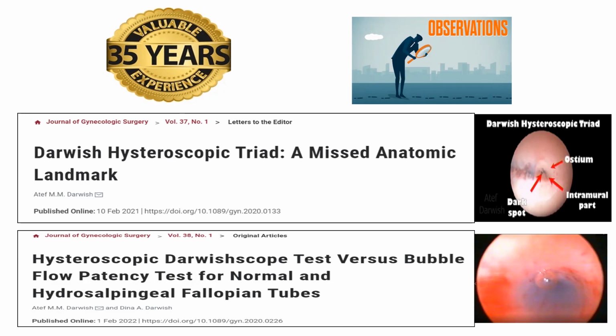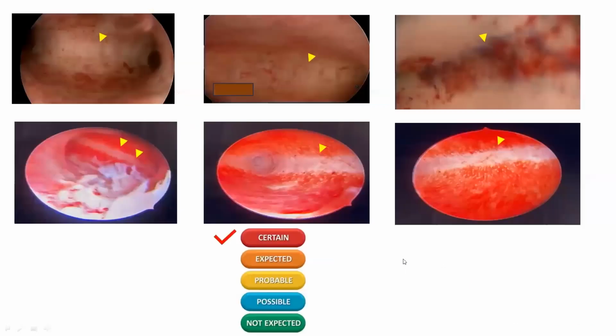And one year later, after a long story of studying the fallopian tubes for many years, we published a study on what's called the Darwish scope test, which is using a combination of bubble flow test and peristalsis to ensure two of the three physiologic functions of the fallopian tube via hysteroscopy.